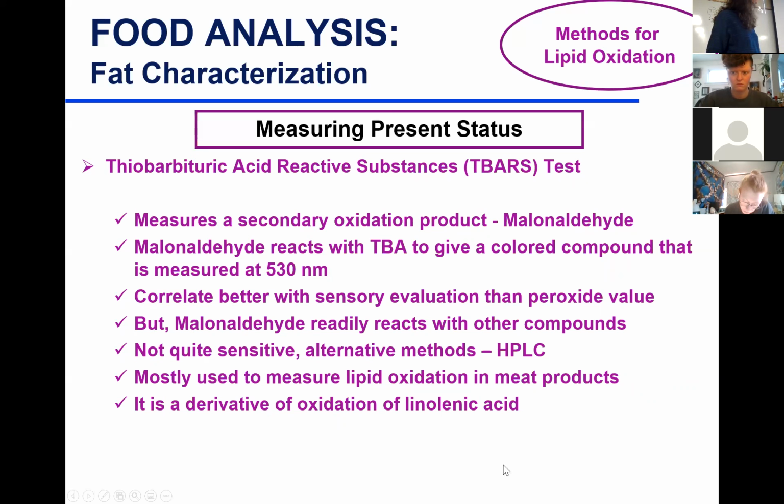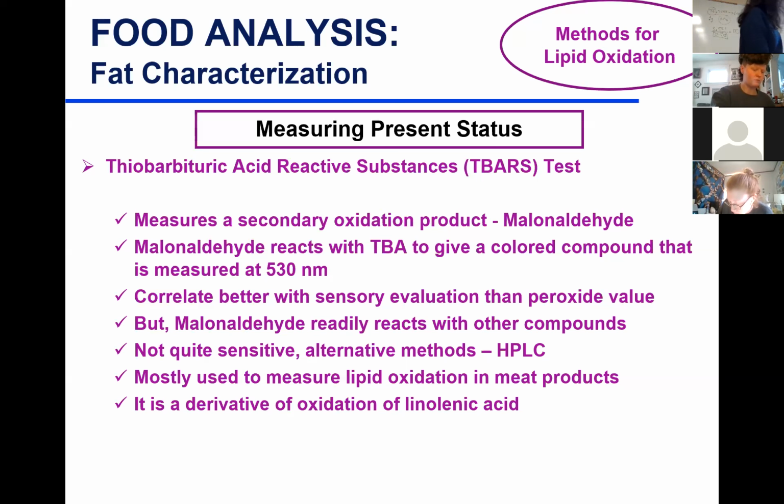So if you have an oil that is high in linolenic acid, that's a good indicator for oxidation of that oil. It's very common for meat products to have their lipid oxidation assessed by TBARS. And it's very simple.